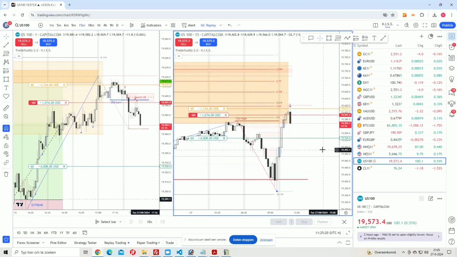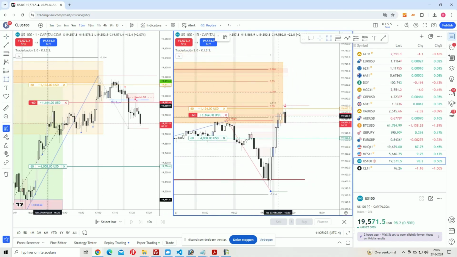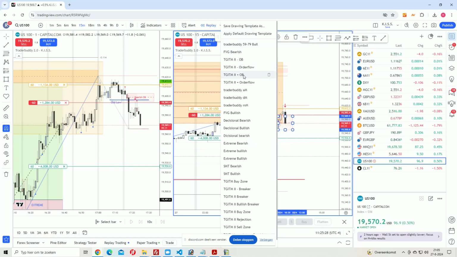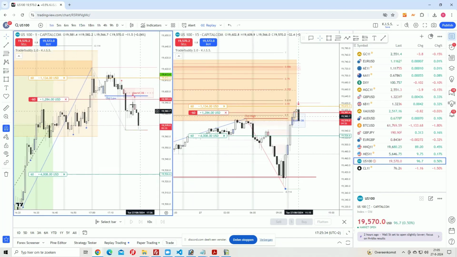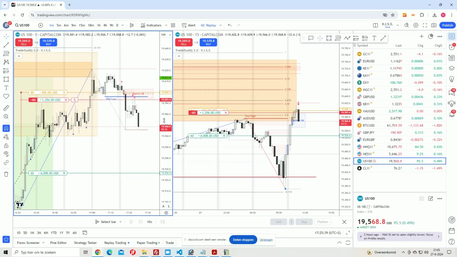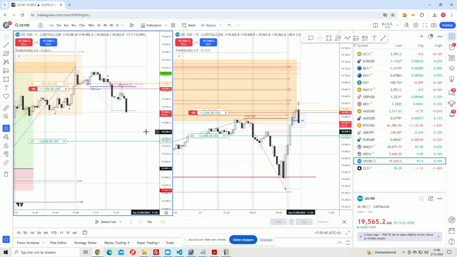The algo will go systematically and hit every 59 level until everything is mitigated of the swings. Then it will go for the external liquidity. So that's what I've noticed lately, and it works. I don't have the exact statistic, but it works a lot of the time.